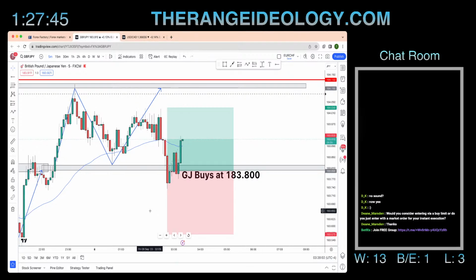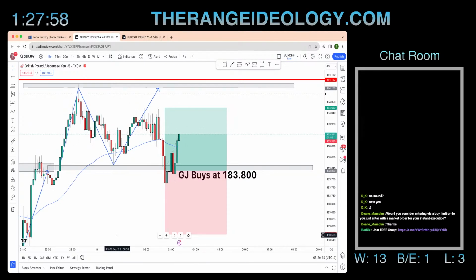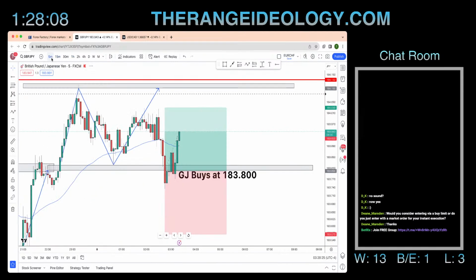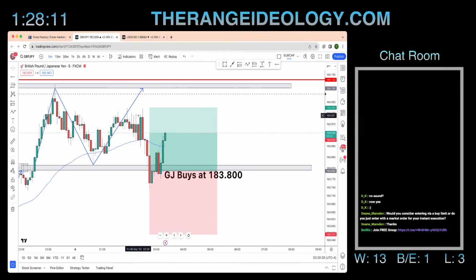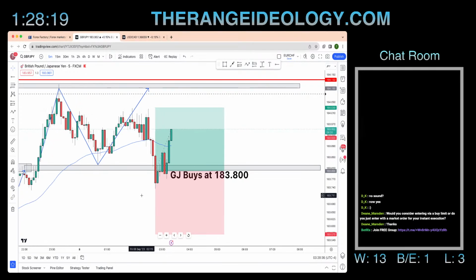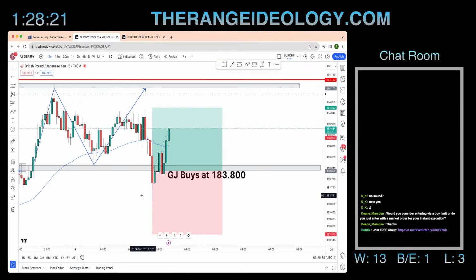Okay, that's a new 5-minute candle. Can we get another big push? All right, very nice. You look at the 1 hour here. Certainly can push up. Certainly can tap our TP here, and us closing out the trade. Clean push, guys.